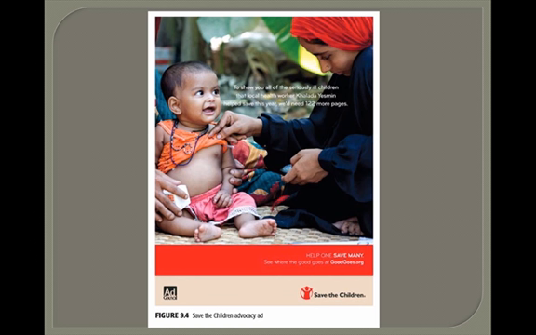You might see this advertisement in a newspaper or in a magazine. Do yourself a favor and think about that the next time you're flipping through a magazine and you stop at an ad. You're like, okay, why did they put that ad in this magazine? They're trying to reach a demographic that they believe needs to either be aware of this situation or that can help them with the situation, or both. It's not ever accidental that a certain ad is in a certain magazine.